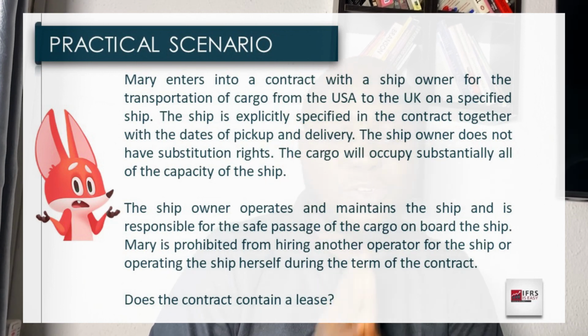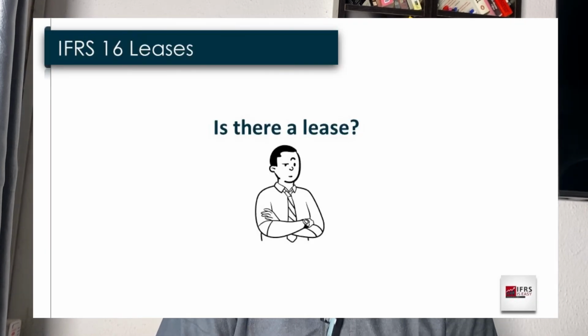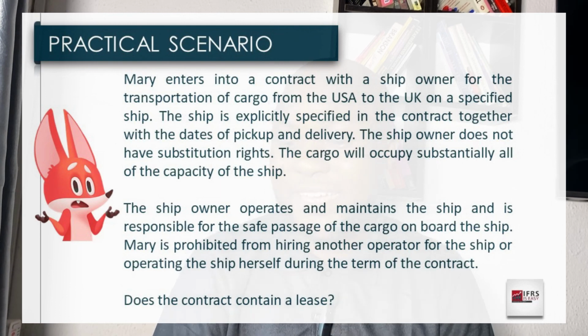Does the contract contain a lease? The answer is no. But why? The first thing you notice is that there is a transportation of cargo from the USA to the UK on a specified ship, meaning that it has satisfied the requirement that we identify an asset. So we have identified that there is a specified ship. We have also identified that the ship owner does not have substitution rights.